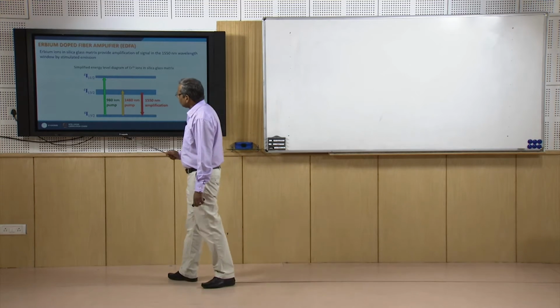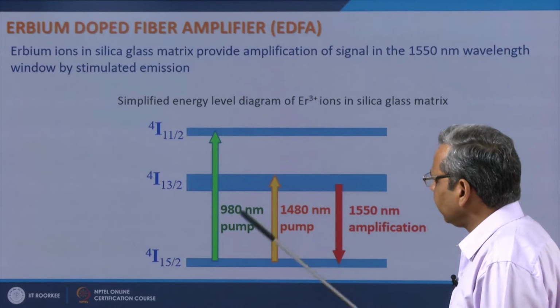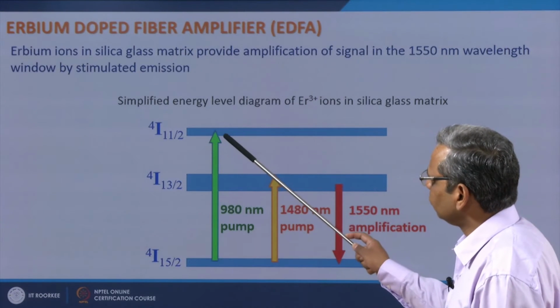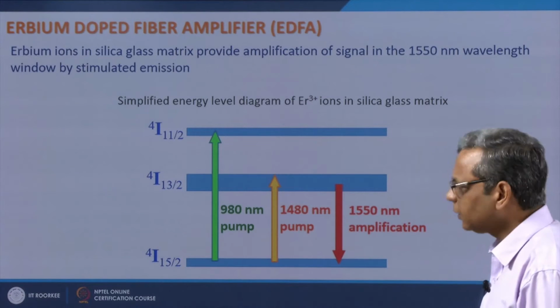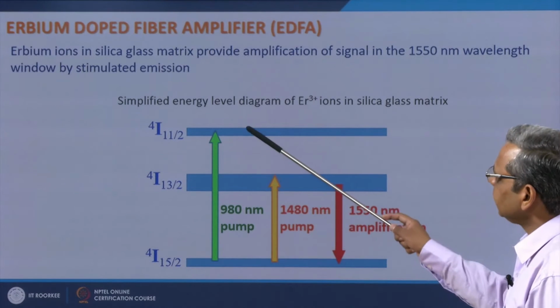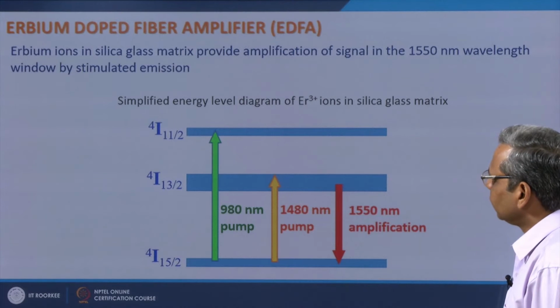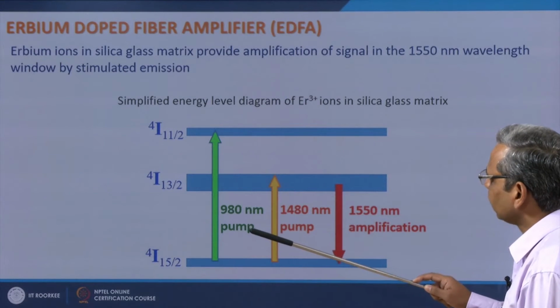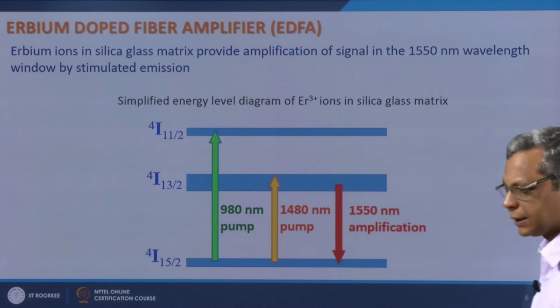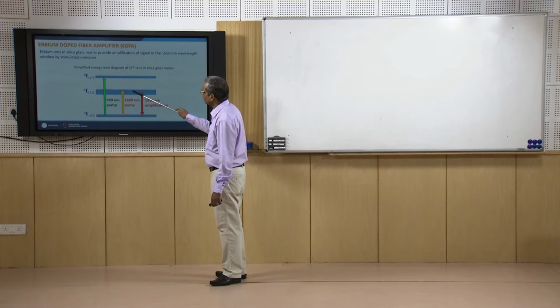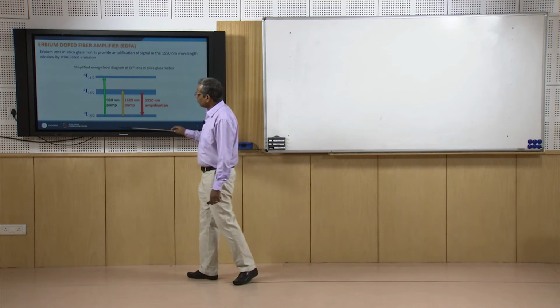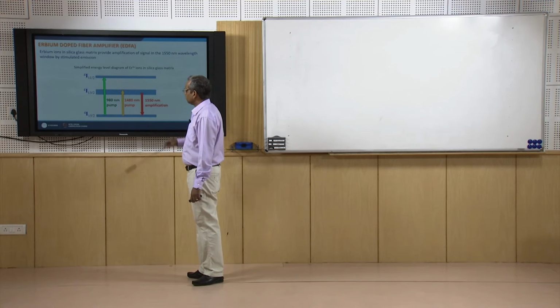What you do is use a 980 nanometer wavelength pump to lift atoms from this state to a higher state here, and since these states are short lived, they decay back to this state very quickly through non-radiative transition and populate this level. In this way you create population inversion.